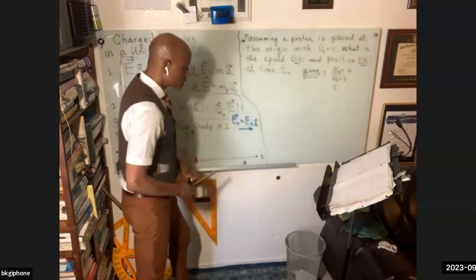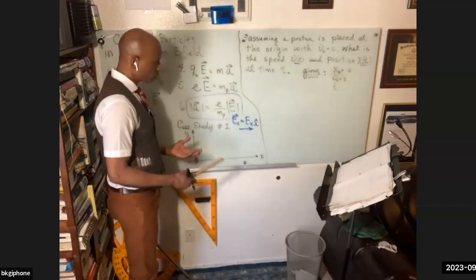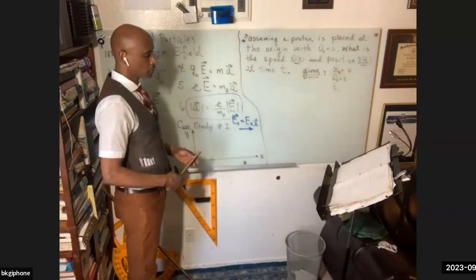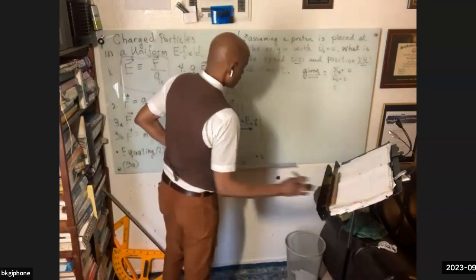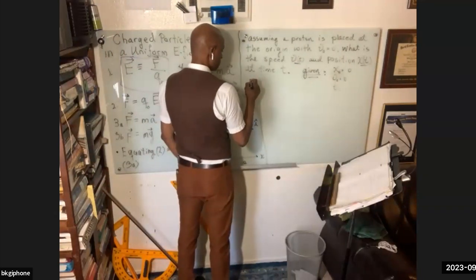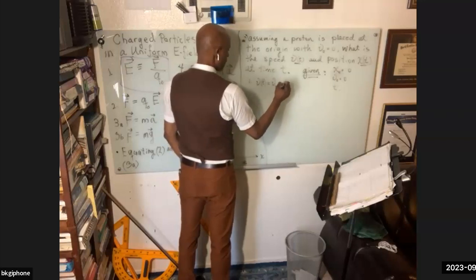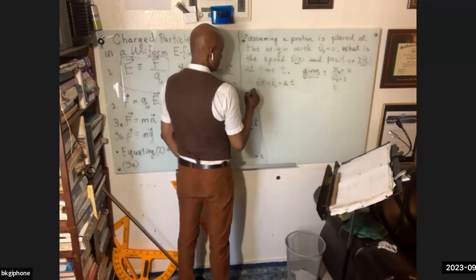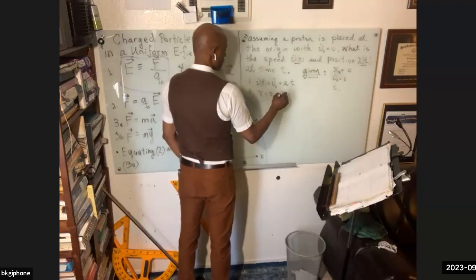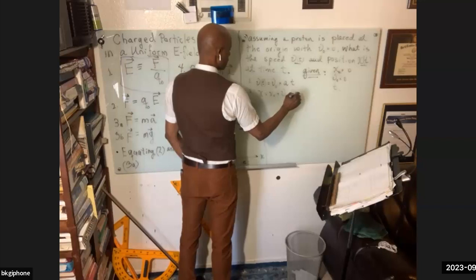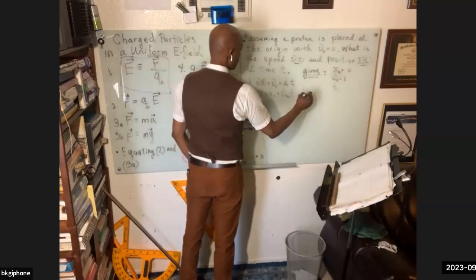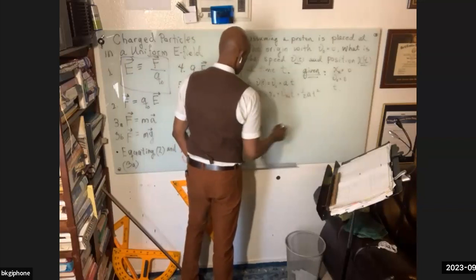So for accelerated motion, how do we do that? Well, we've got 4 equations of motion for accelerated motion. Remember those? v of t is equal to v naught plus a times t. x equals x naught plus v naught t plus 1/2 a t squared.